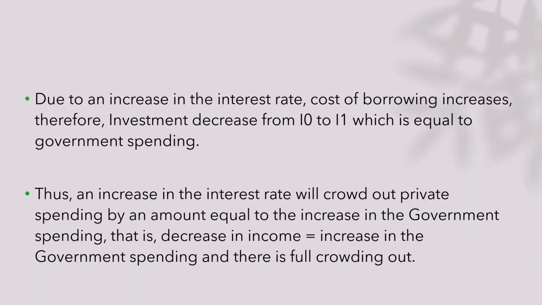Due to an increase in the interest rate, the cost of borrowing would increase. As a result, investment would decrease from I0 to I1, which is equal to the government spending. So an increase in the interest rate will crowd out private spending by an amount equal to the increase in government spending. That is, the decrease in investment would be equal to the increase in government spending, and the effect is full crowding out.